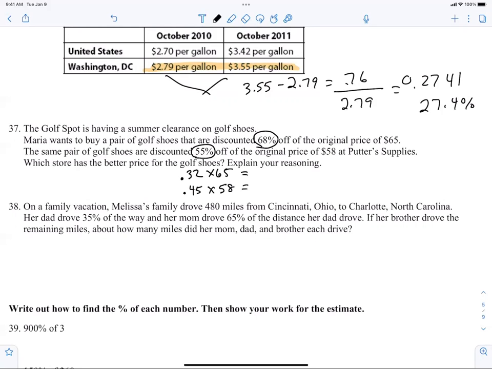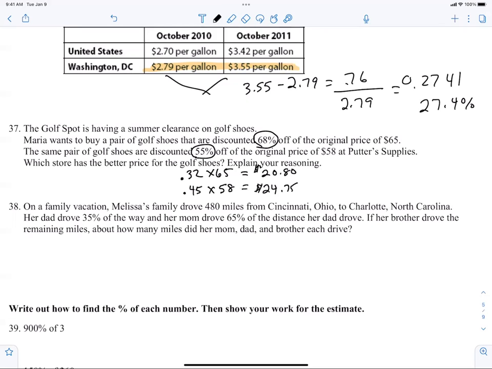All right, so now what would be the cost of the first pair of shoes? Somebody tell me. Is that right? $20.80? All right, now what would be the second store? $24.75.